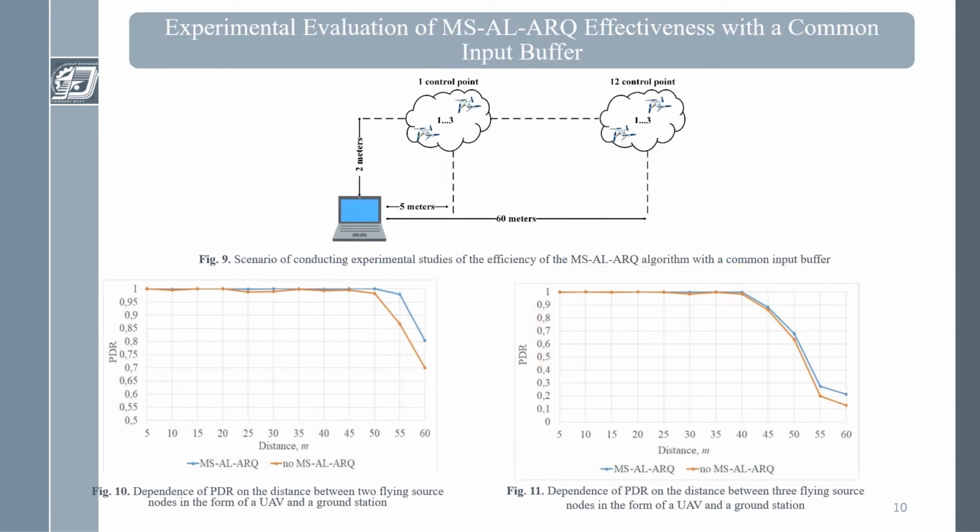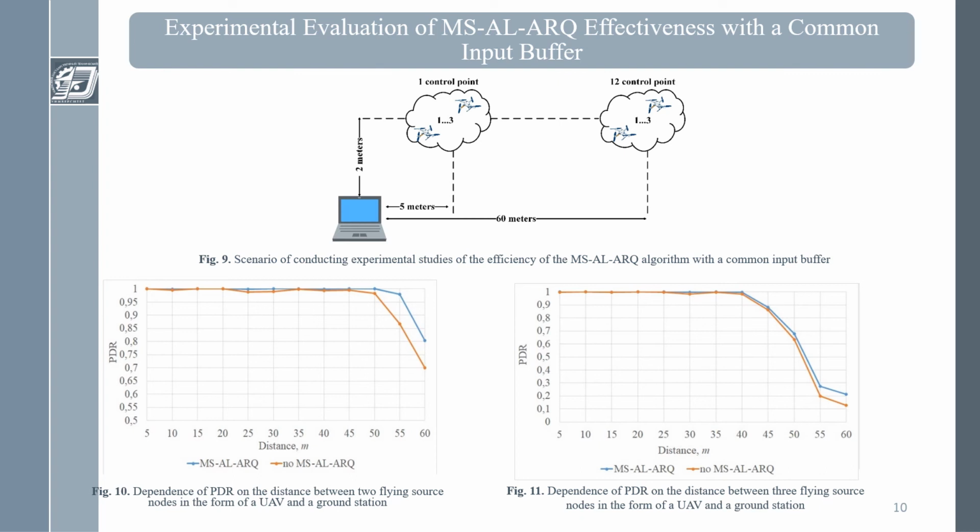In an experimental study of the efficiency of the algorithm with a common input buffer, Clover small educational unmanned aerial vehicles acted as source nodes, while a laptop acted as a destination node. The source nodes broadcast the streaming video to the destination node at each control point, and the first control point was located at a distance of 5 meters.